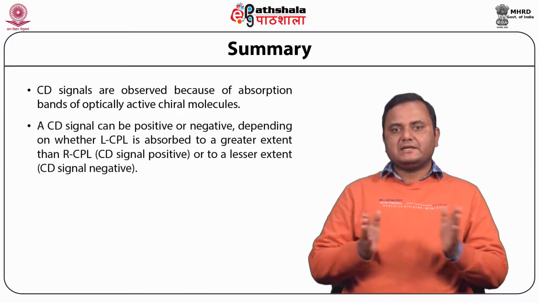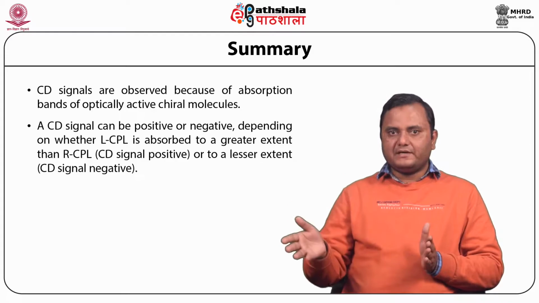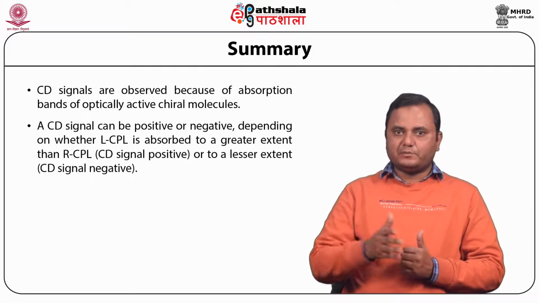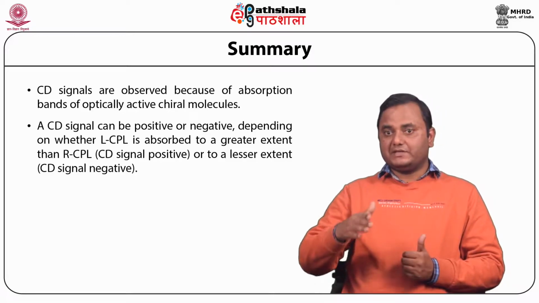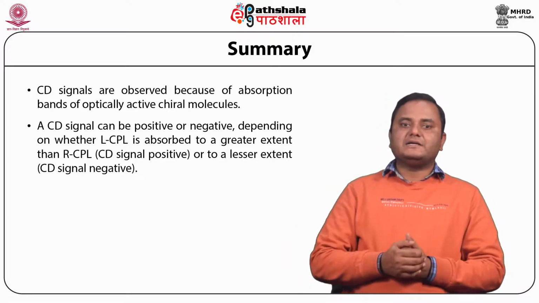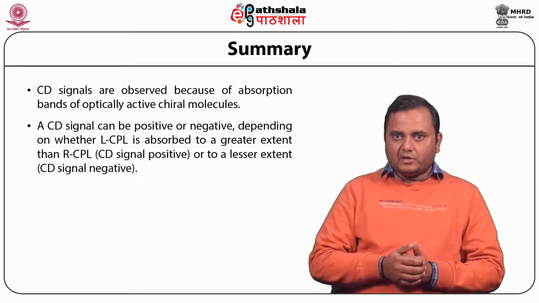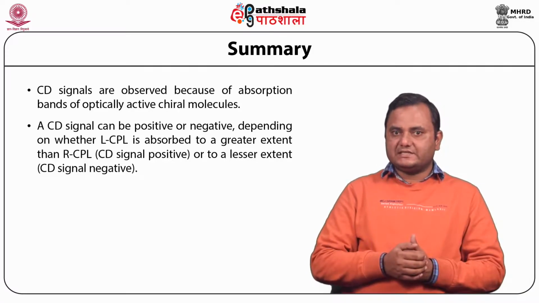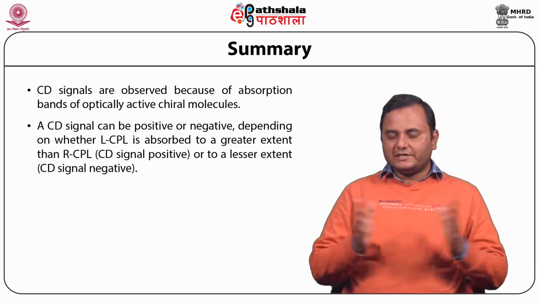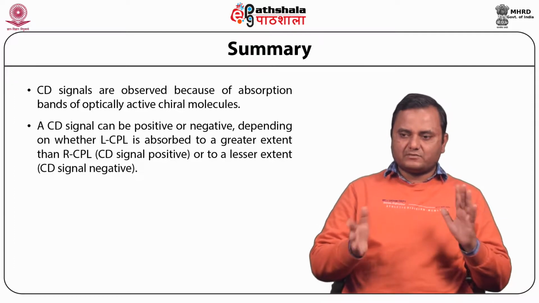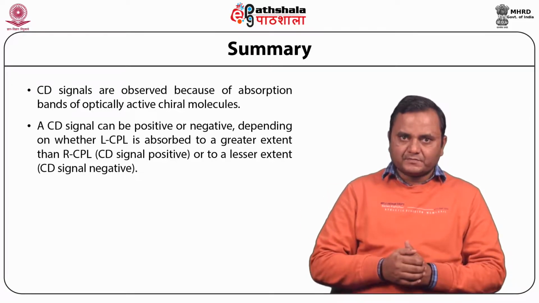A CD signal can be positive or negative. It depends on whether the left circularly polarized light is absorbed to a greater extent than the right circularly polarized light, which gives the positive signal, or to a lesser extent, where the CD signal is negative. So it totally depends upon the amount of left or right circularly polarized light absorbed.